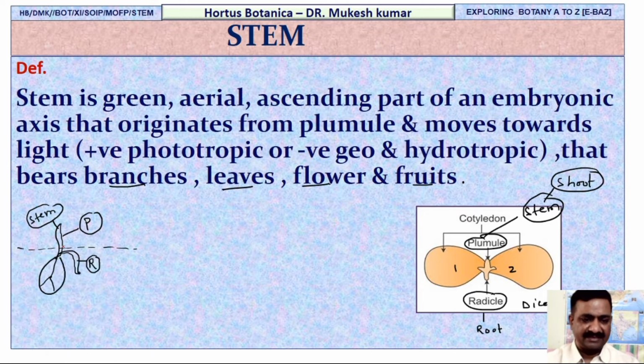So let us collect the characteristic points with respect to the root. Again, remember we studied that the root was underground, but the stem is above, so you can say it is in general aerial.